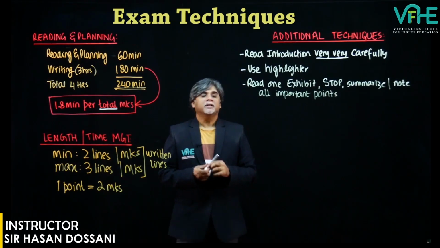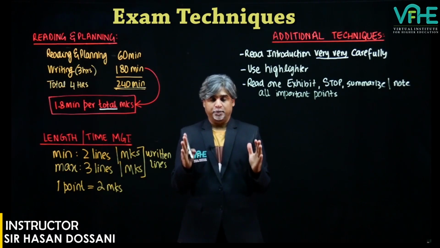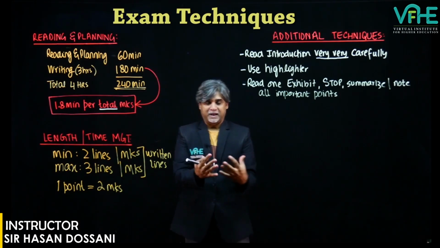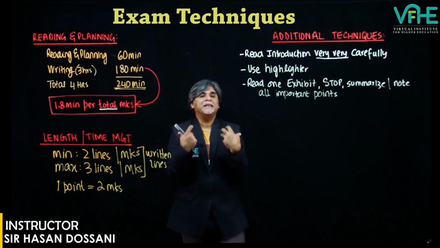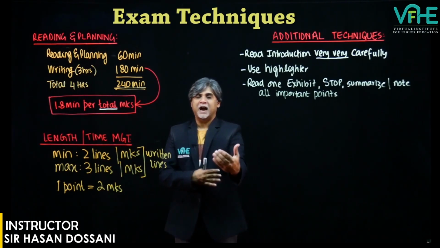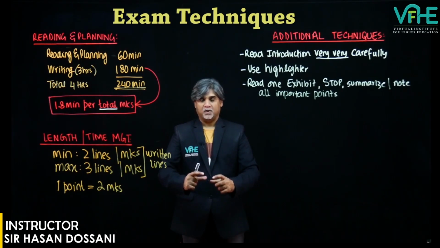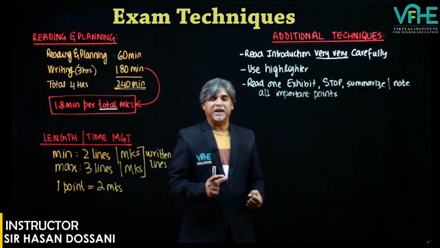Okay, now the third point is you read one exhibit, you pause, you think about the whole exhibit, and you try and pick up whatever are the key messages or key information available in that exhibit and make a small list, so that you don't really have to read the entire exhibits again and again.